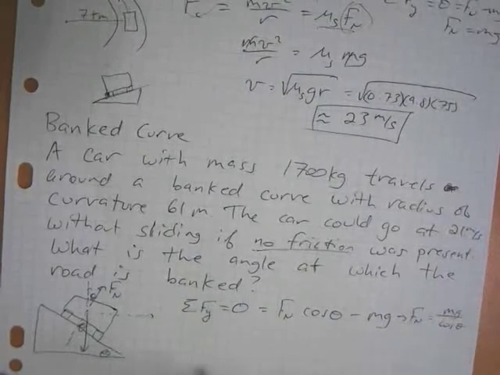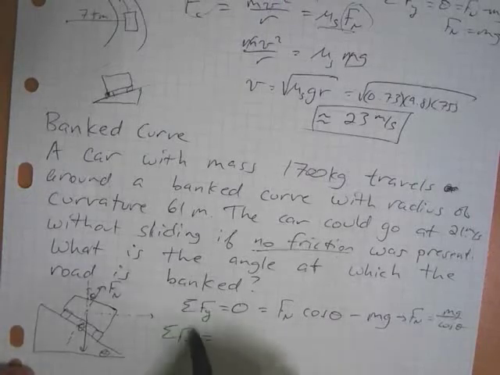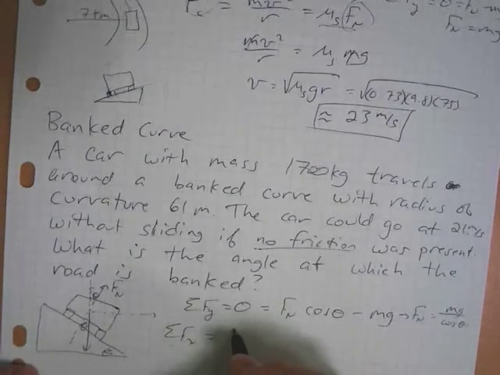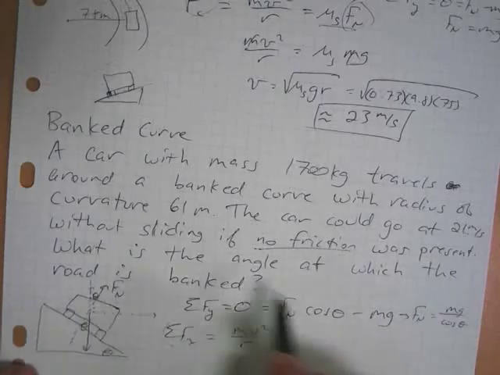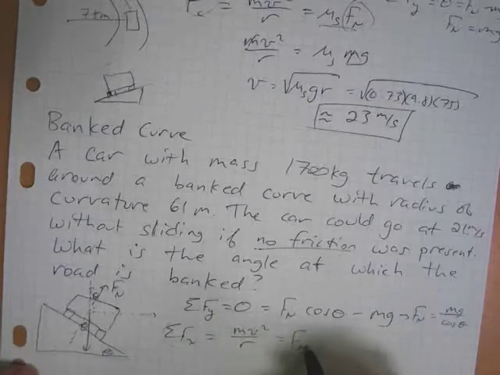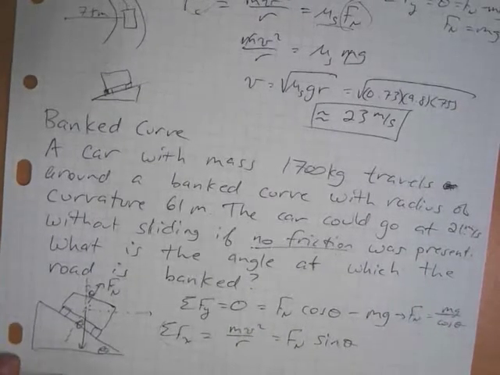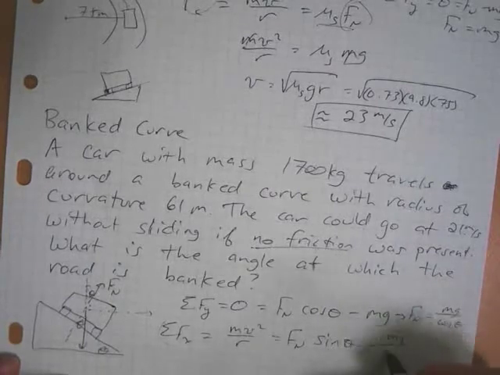Then in the horizontal direction, the total force acting in the x direction is the centripetal force, which is mv squared over r, and all that's acting in that direction is the other component of the normal force, normal force sine theta. And of course, normal force is mg over cos theta times sine theta.